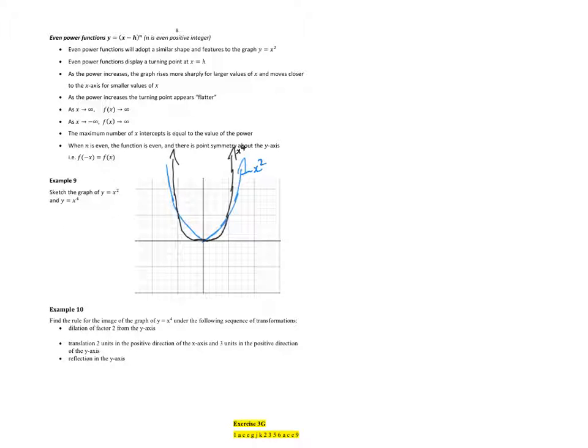The transformations, let's do it exactly the way in which we've been doing it. I start with the point x, y, and it becomes dilation factor of 2 from the y-axis. So from the y-axis is stretching that way, so the x value gets affected by a factor of 2. Then 2 units in the positive direction of the x-axis, 3 units in the positive direction of the y.